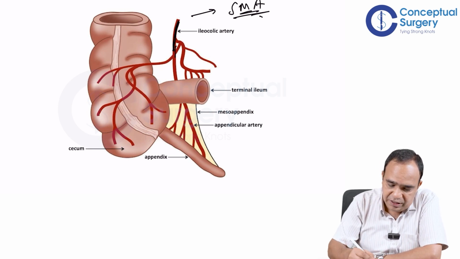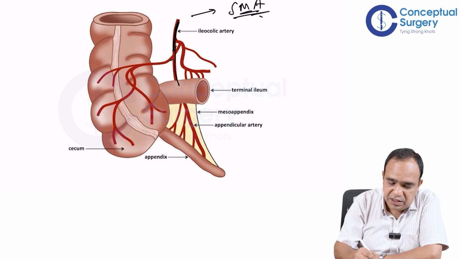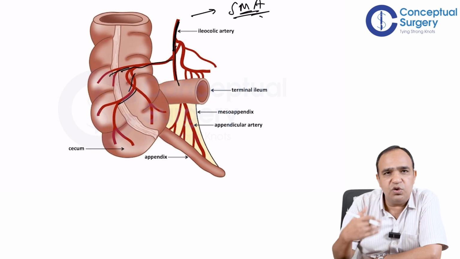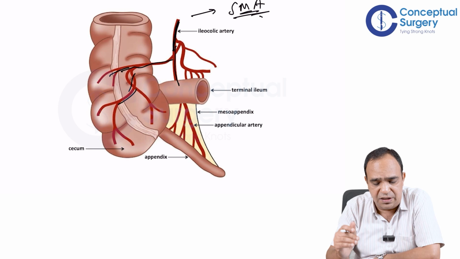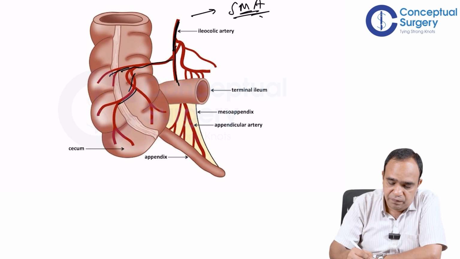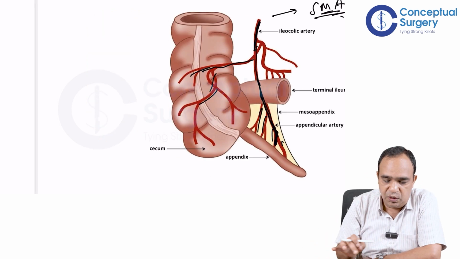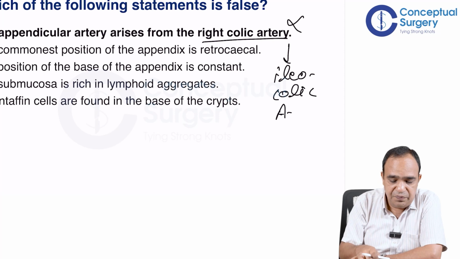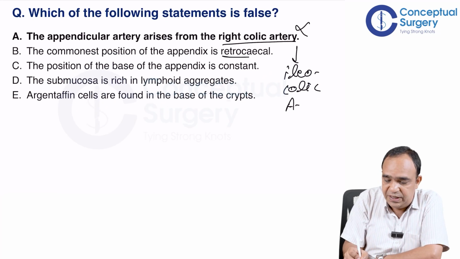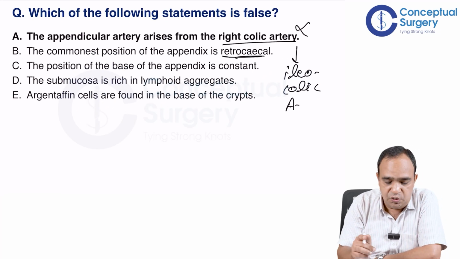So ileocolic artery goes down, so it gives a branch to supply the cecum. So that's why we call it ileocecal, cecal artery also. And the inferior division of this gives rise to the appendicular artery, the branches of appendicular artery. Okay, so this is easy. Now, commonest position of appendix is retrocecal. I've just shown you.